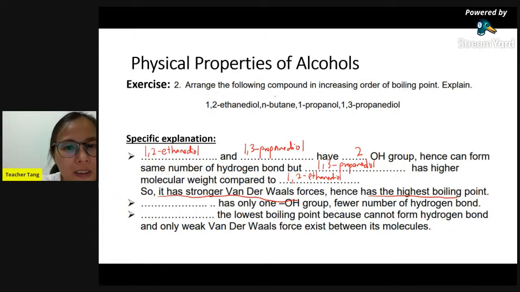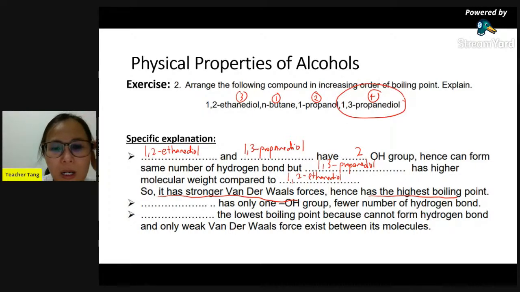Remember, this one is the lowest, followed by this. So number 4, highest boiling point, 1,3-propane-diol. Why highest boiling point? Because larger molecular weight, larger molar mass. This is 3 carbon, this is only 2 carbon. So larger molecular weight, so stronger van der Waals forces, so highest boiling point.